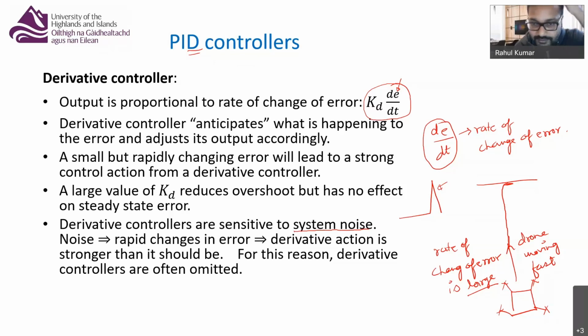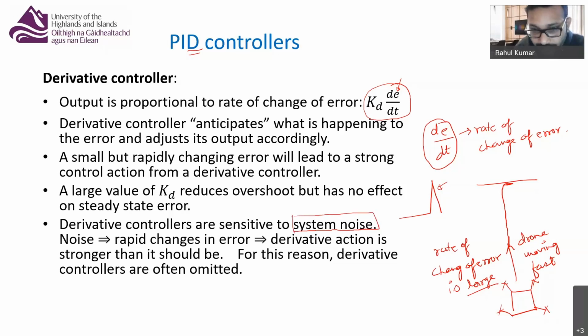So derivative controllers are quite sensitive to system noise, and because of that they are never used on their own, right?